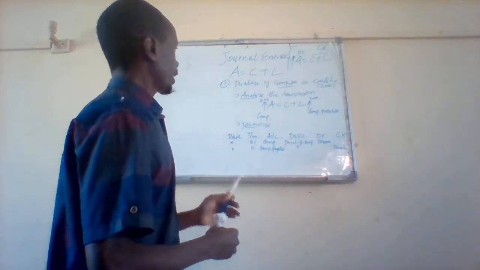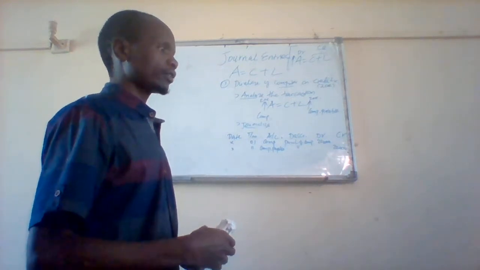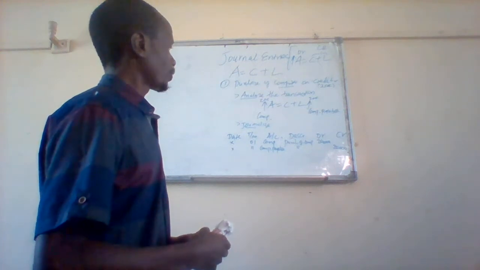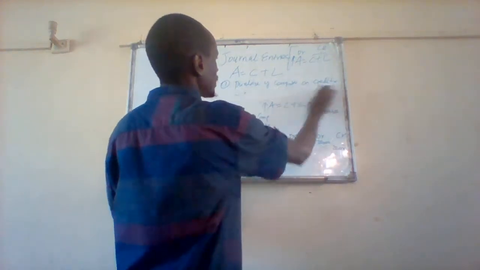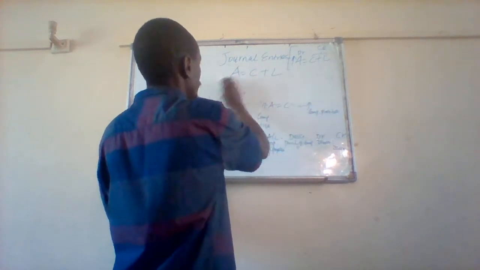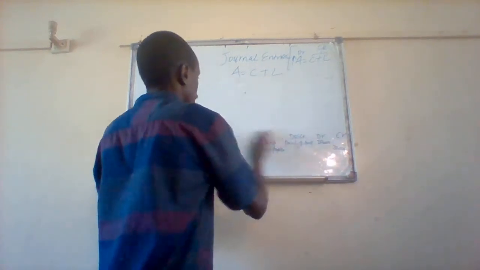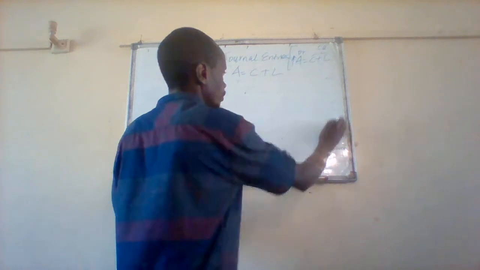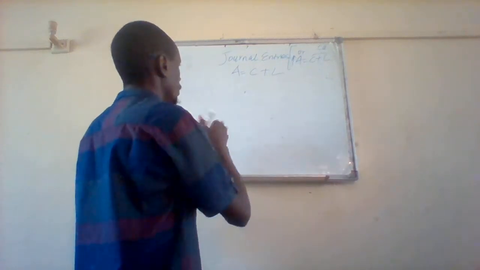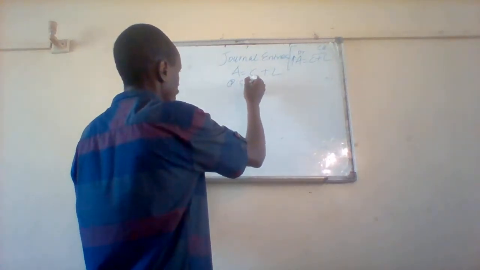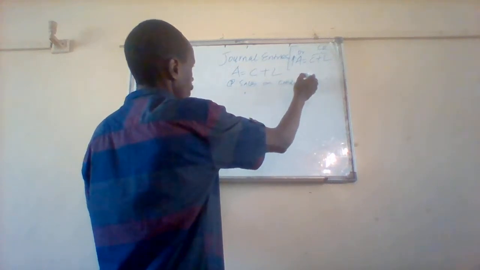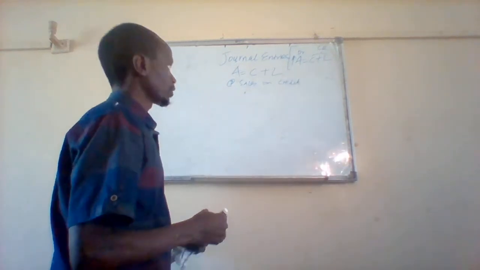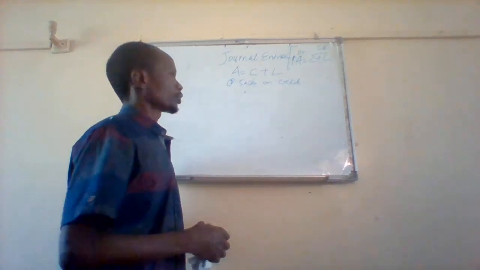One more transaction will suffice. So let us try something like sales on credit. Let me give you example number two, which is sales on credit. So suppose a company has sold services.